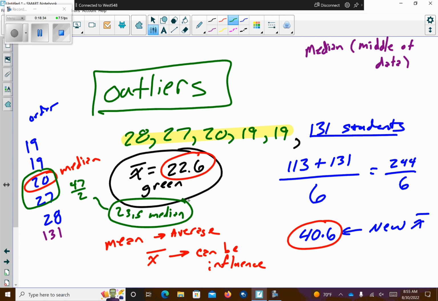Yeah, so look how much 131 increased my original average from 22.6 to 40.6. That's a pretty big difference, okay? But the median itself, though the median is a little bit larger because you're averaging 20 and 27 together to get 23.5, the median isn't being tugged by an outlier, okay? That's the big thing to realize.